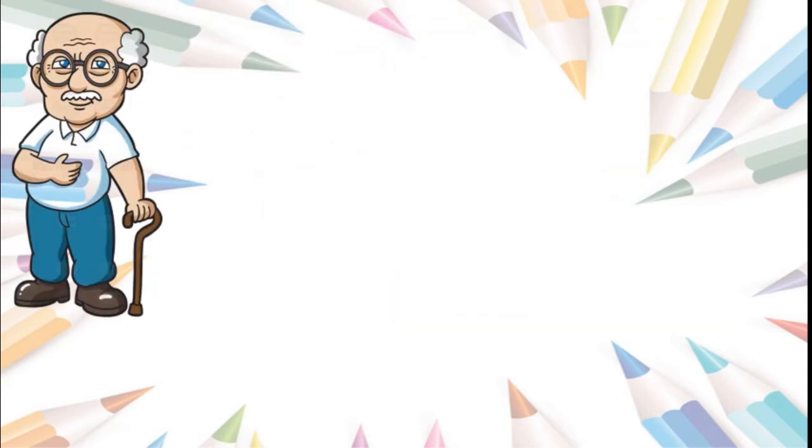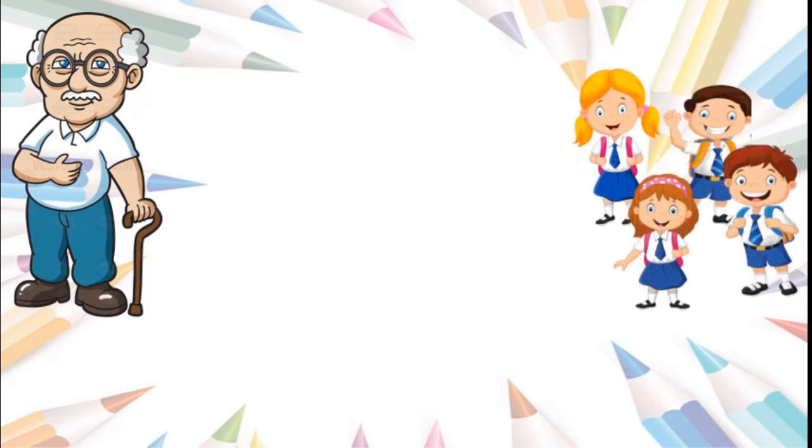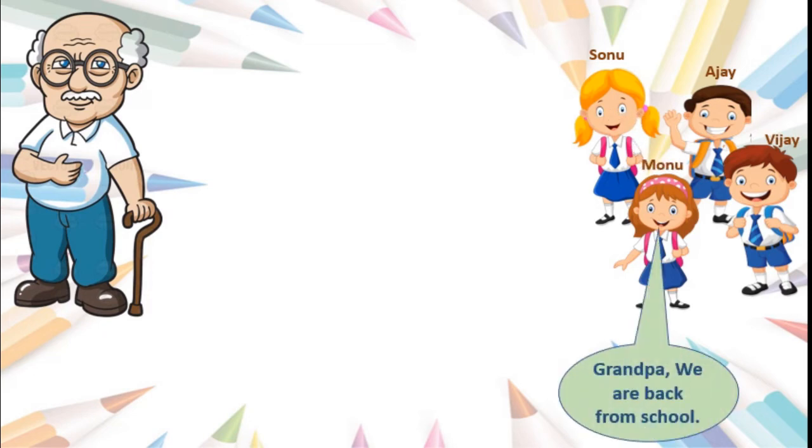Here is one more story of Grandpa. Are you ready to listen? Grandpa is eagerly waiting for the children. Yes, here they came. See these 4 children named Sonu, Ajay, Vijay and Monu. They came from the school.